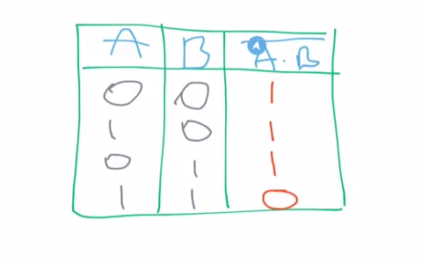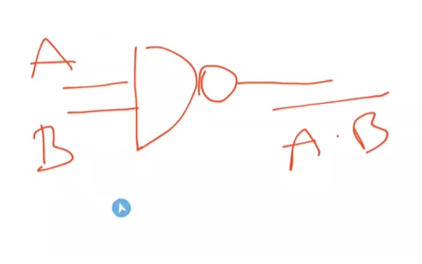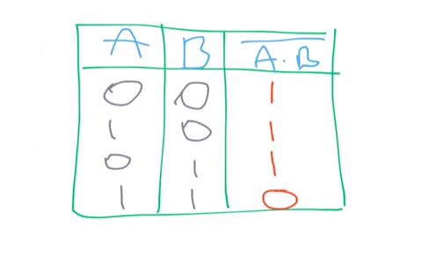Just opposite, because A dot B complement means opposite to the AND gate. So this is the truth table for the NAND gate. And this is the symbol. If you remember the symbol and truth table, then the NAND gate work is finished.